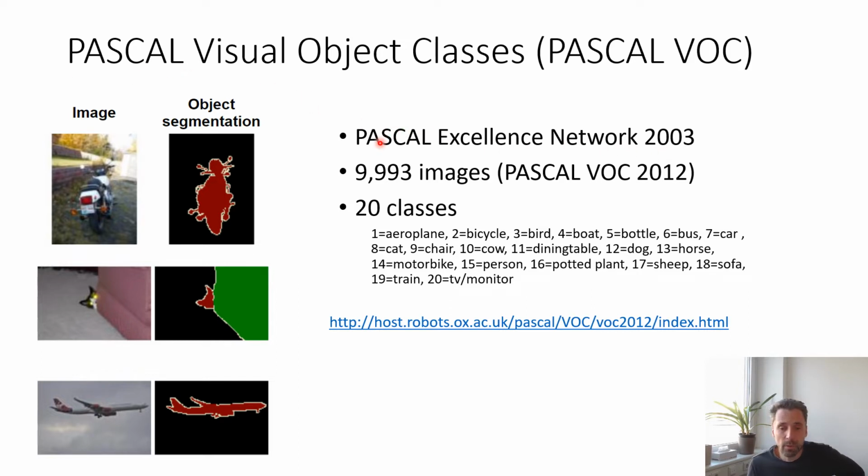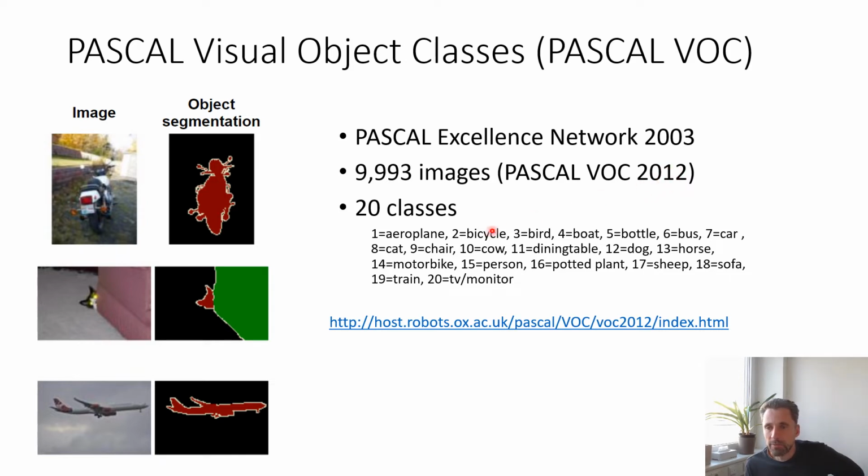PASCAL was or still is a consortium of many research groups. They all wrote an application to the EU, who then funded this excellence network. And it's a challenge that every year got more images and data for the competition, and so you always have a year given here.